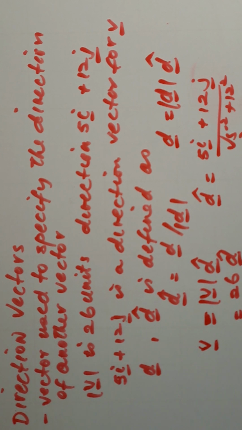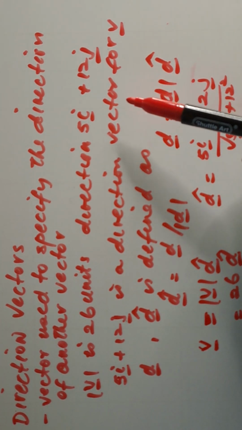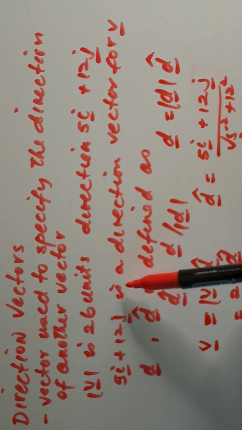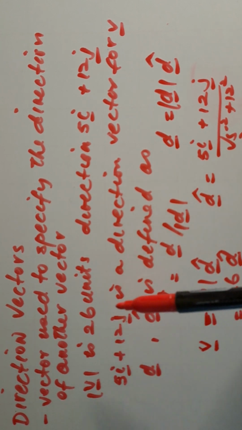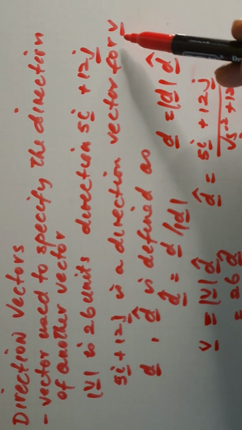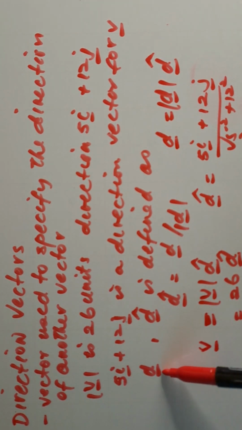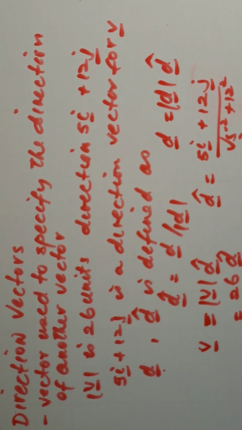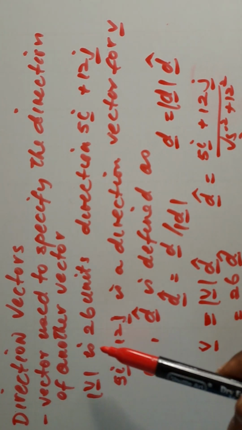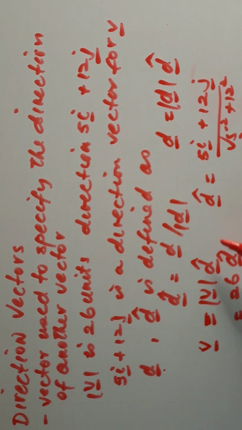Remember, we've stated here that this is in the direction of the vector v, and we'll call it d. And now all we've done is substitute what the magnitude of v is, which is 26 units. We've calculated d hat, which is 1 over 13 times (5i + 12j).